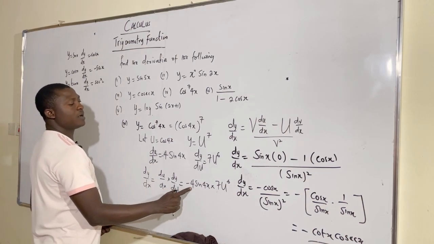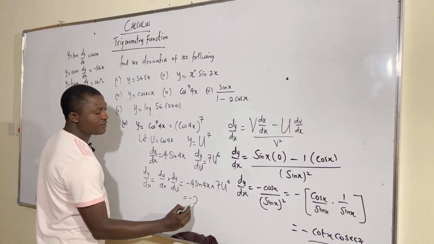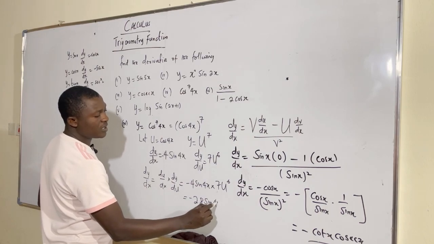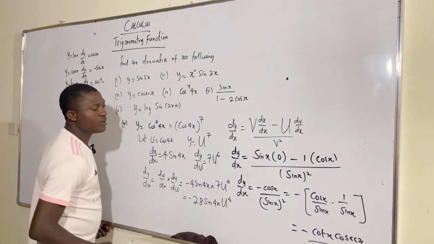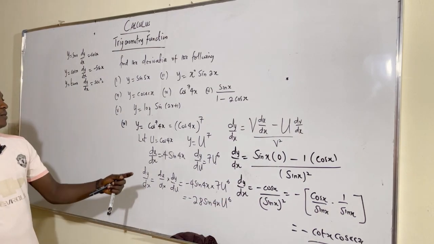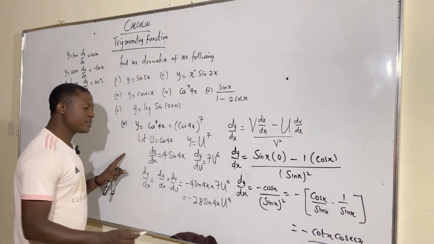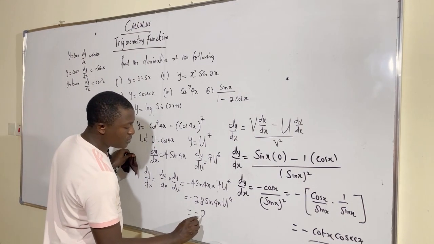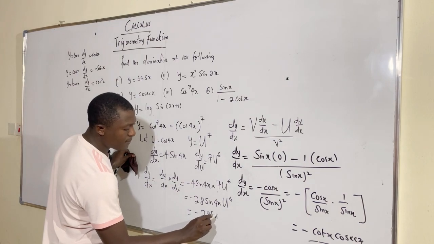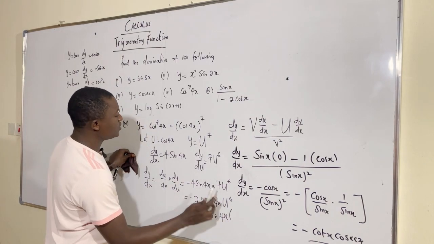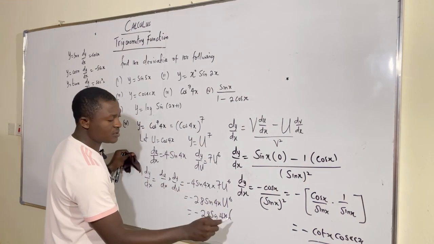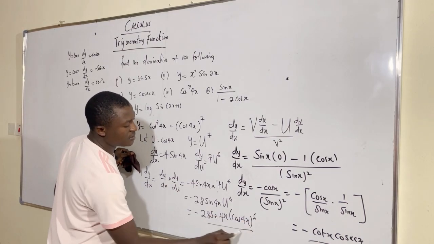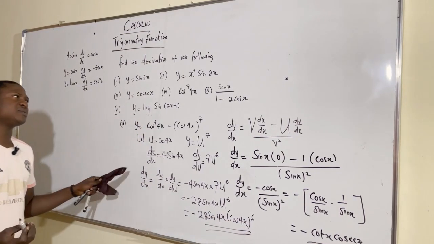So now minus 4 times 7, you are going to have minus 28 sine 4x, then u raised to the power of 6. But our u is cos 4x, so we are going to have minus 28 sine 4x, cos 4x raised to the power of 6. Can you see that? It's just so simple.